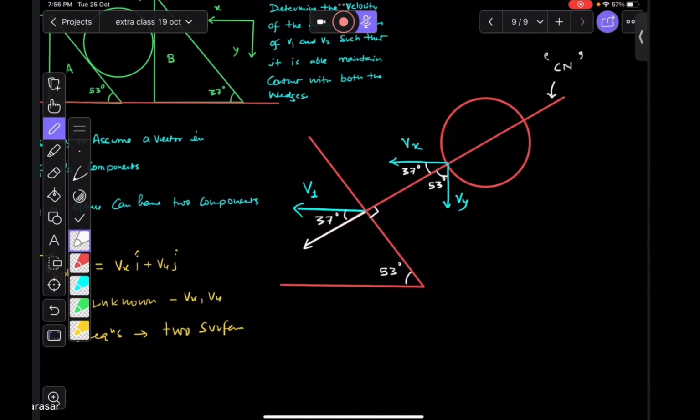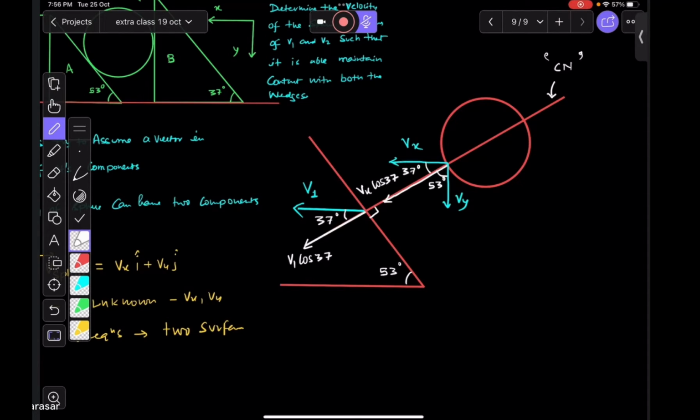Then you take the component of V1 along the common normal, that is V1 cos 37. And to get the component of the velocity of the sphere along the common normal, you can find the component of their components also, is it not? So the component of Vx along the common normal is going to be Vx cos 37.